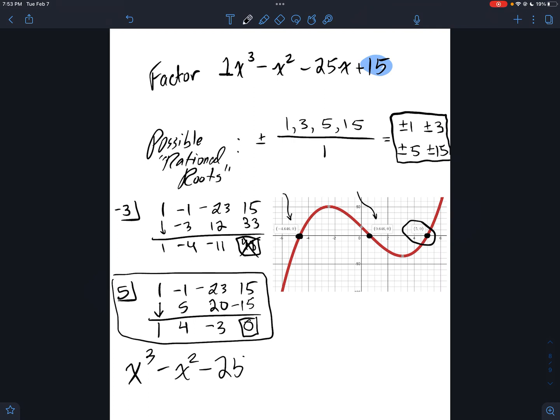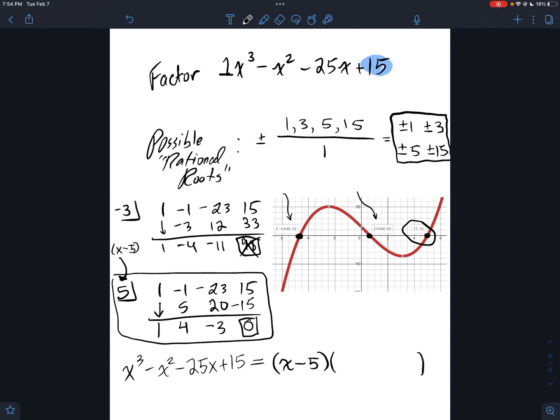So our original cubic is equal to what? Remember, when you put a number here, it's x minus that number. That's the factor. So we synthetically divided by this, which of course, check out that video if you haven't already.